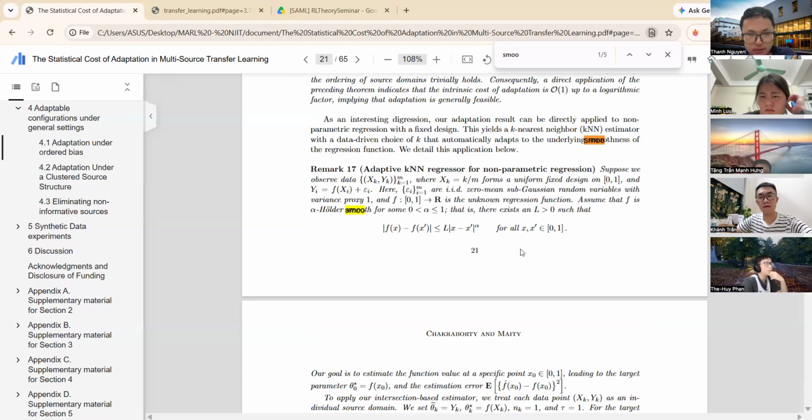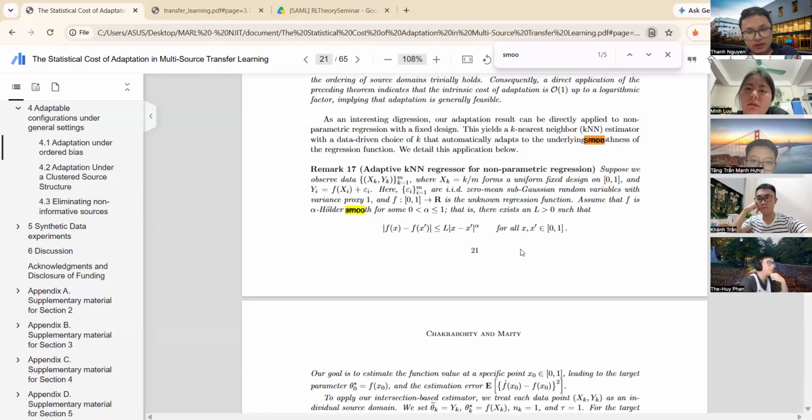Non-parametric means they don't use theta. They don't have parameters. They use the Lipschitz condition to measure closeness. Basically, neighbors are similar. It's like KNN, choosing the closest neighbor.